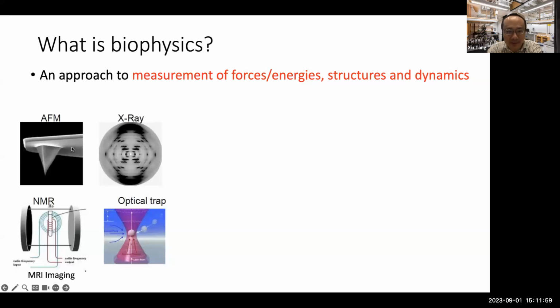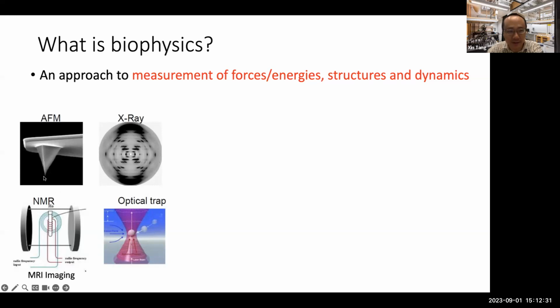Whenever it's bent, the deflection of the cantilever can be monitored by a laser that is shining at the back of the cantilever. So any small deflection of this cantilever, up and down, can be detected. That can reflect how much force this cantilever is experiencing. Okay, and this tip is used to touch the sample. The cell or the molecule is at the bottom.